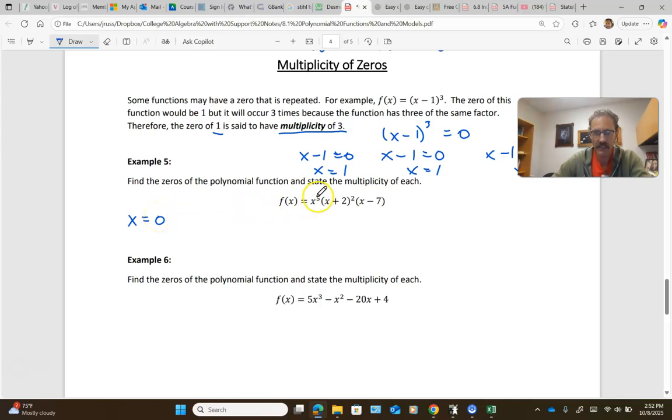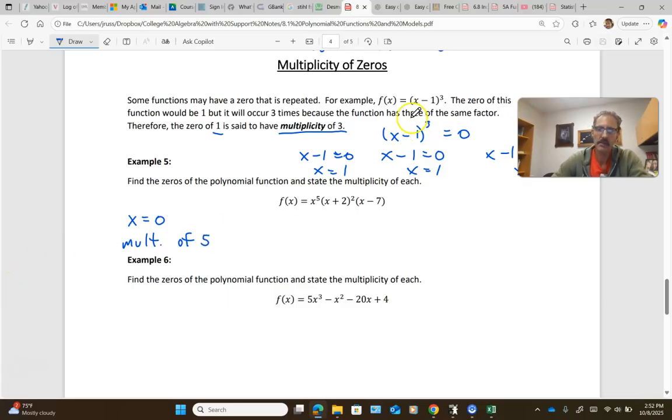But because it has an exponent of 5, that means there's 5 factors of x. And if I were to set all 5 factors of x to 0, I would get 5 zeros. And so consequently, we can say that the 0 has a multiplicity of 5.